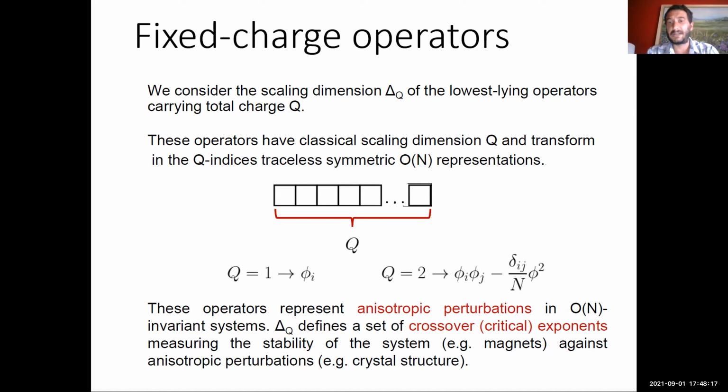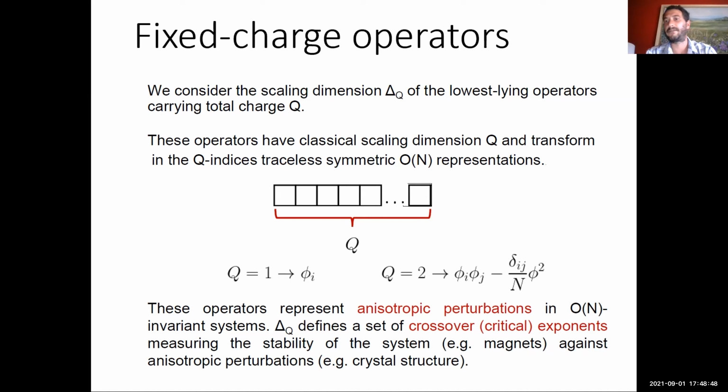And as for a physical meaning, related to maybe the question that has been made before, of how we may measure the scaling dimensions: this operator in general represents anisotropic perturbations to an invariant system. And the scaling dimension defines what is called in condensed matter the crossover critical exponent, which measures the stability of an invariant system against anisotropic perturbation.